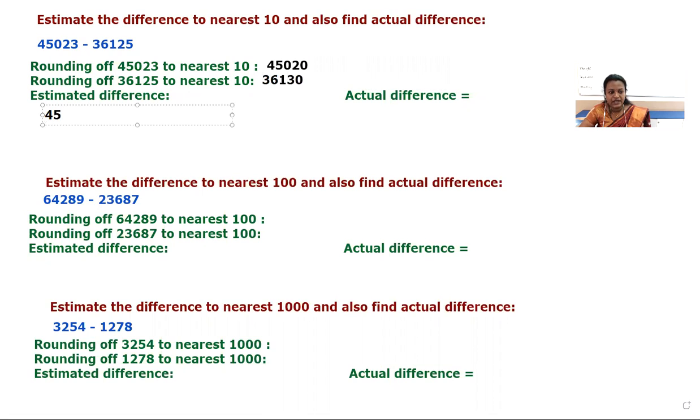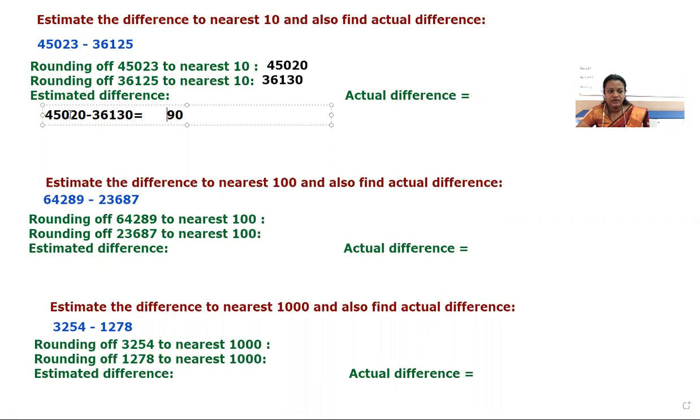So we subtract 45,020 minus 36,130. As we can see here, we can directly subtract mentally. 0 minus 0 is 0. We have 2 minus 3, not possible, so I have to borrow from 4. So borrowing from 4, we will write here 12 minus 3 as 9.